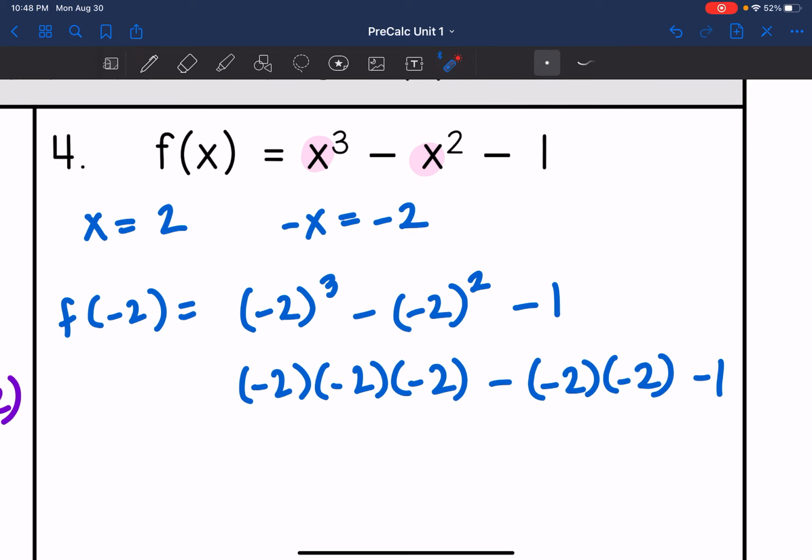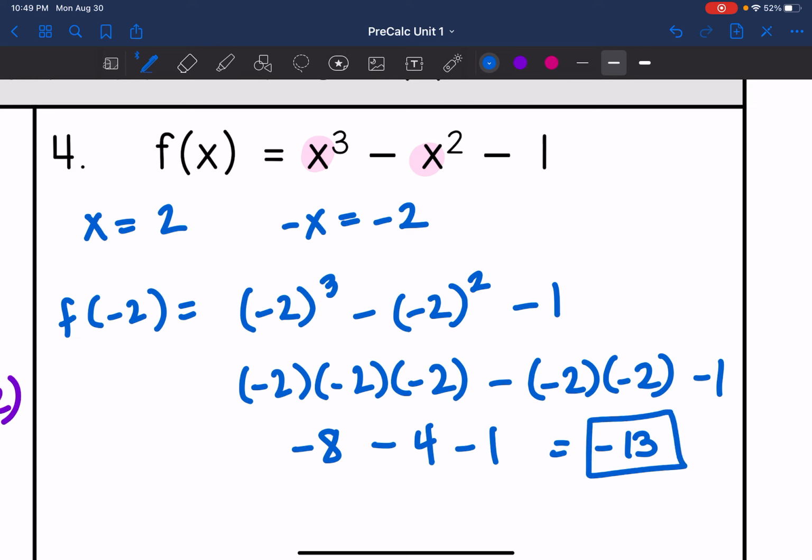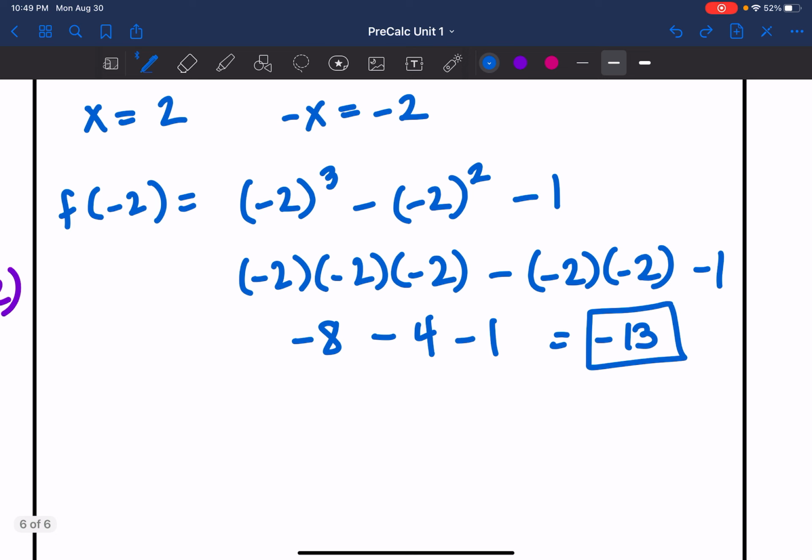So now if I have negative 2 times negative 2 times negative 2, that gives me negative 8 minus, and now over here, negative 2 times negative 2 is positive 4, and then I still have that minus 1. So altogether, we have negative 13. Okay, so for this to be an odd function, when I plug in the positive number, I want to see a positive 13. So let's see if that happens.